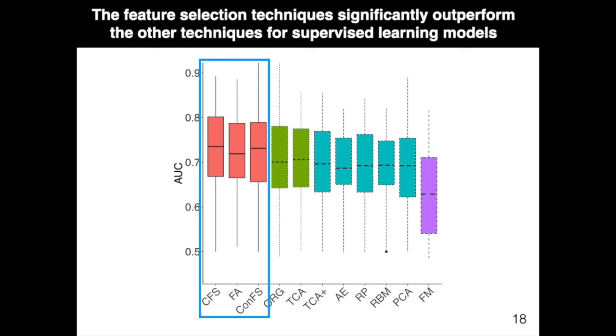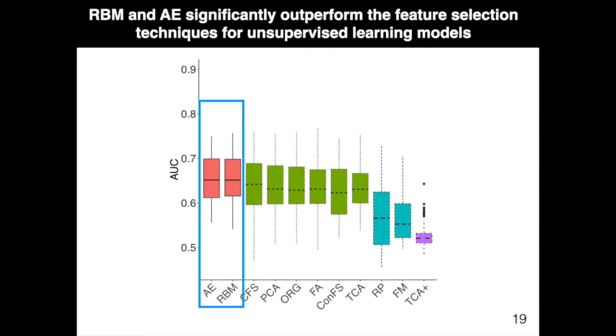We observe that for the supervised learning defect prediction models, the feature selection techniques, the correlation-based feature selection technique and the consistency-based feature selection technique, significantly outperform the other feature reduction techniques, except for feature agglomeration, FA. For the unsupervised learning defect prediction models, the neural network-based feature reduction techniques, the restricted Boltzmann machine and the autoencoder, significantly outperform the other feature reduction and selection techniques.